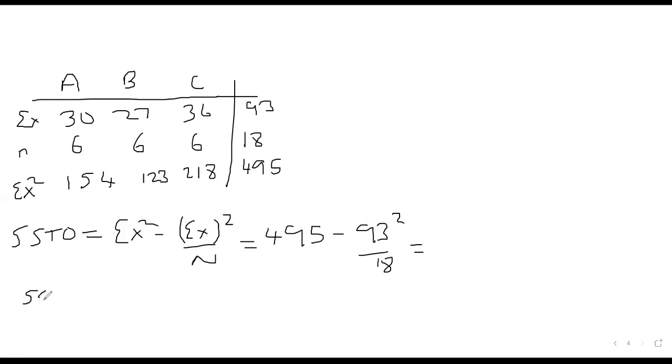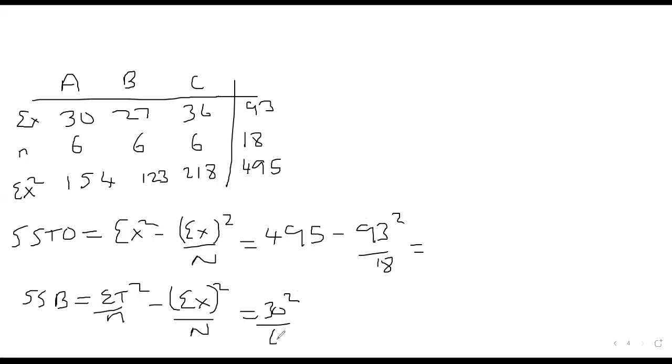The sum of square between will be what? Summation of each treatment squared over its respective n minus a correction term. So here we have 30 squared over 6 plus 27 squared over 6 plus 36 squared over 6 minus 93 squared over 18.